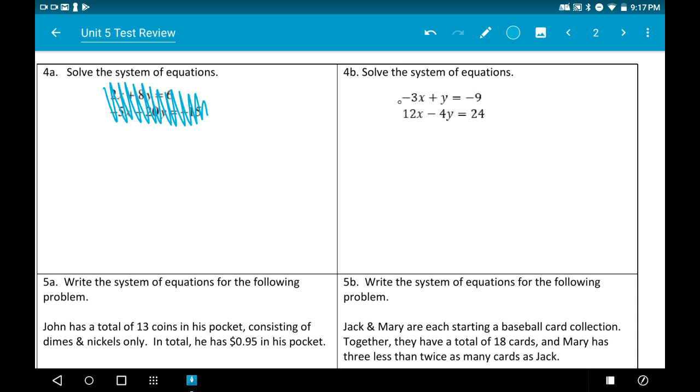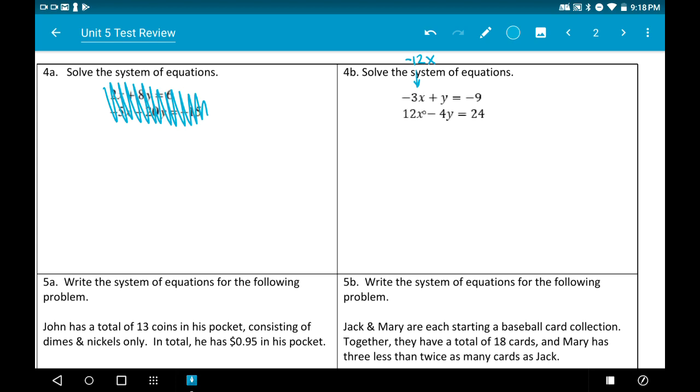So if we look here, we can either pick x's or y's. So I'm going to go with x's just because that's what I have right now. And if you did y's, you're going to get the same answer in the end. So we want to cancel out a 12x, which means we want this negative 3x to end up as a negative 12x.